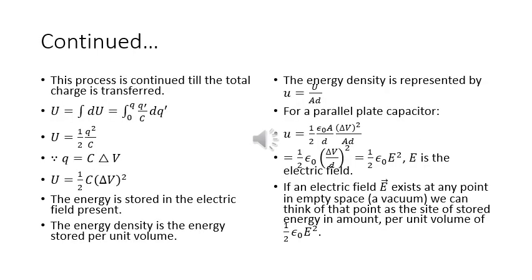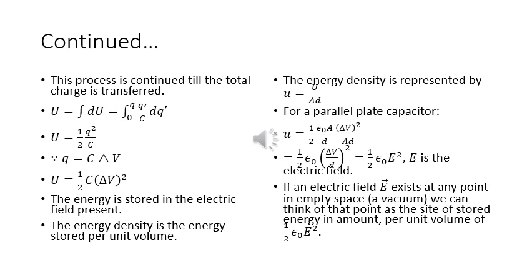This process is continued till the total charge is transferred. So U is equal to integral dU, which is equal to integral going from 0 to Q of q prime by C dq prime. So U is equal to half Q square by C. Since Q is equal to C delta V, U is equal to half C delta V whole square.